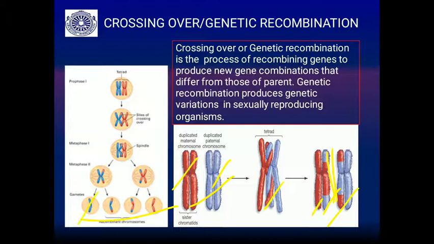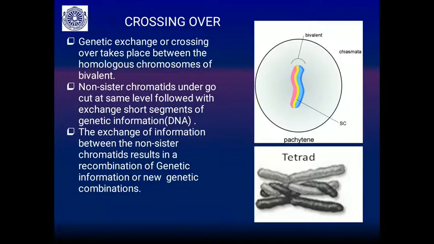This gamete has the parental combination, this has a new combination, this gamete also has a new combination, and this has the parental combination. This is what occurs during crossing over, which is why it is called genetic recombination. A new combination is presented to nature. This is what happens during meiosis.